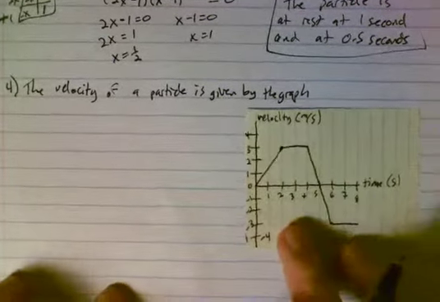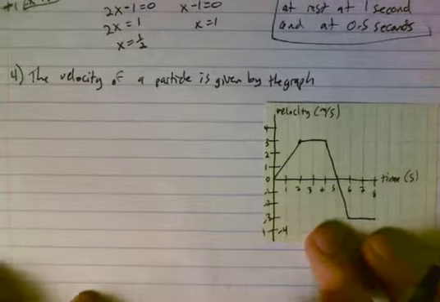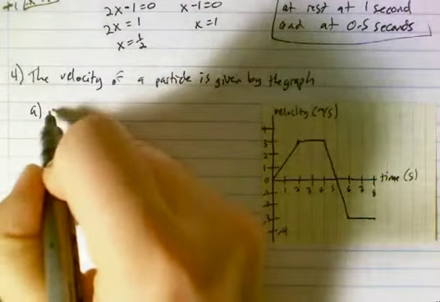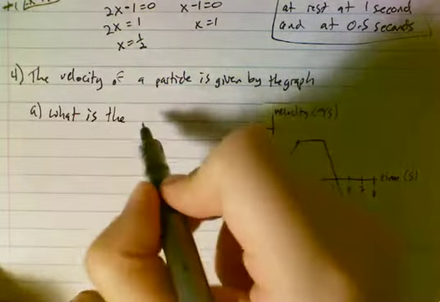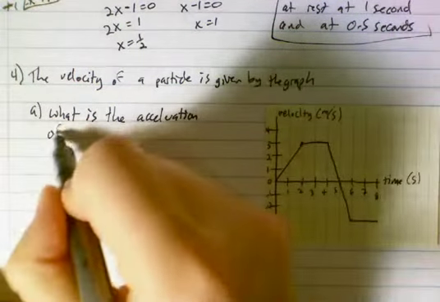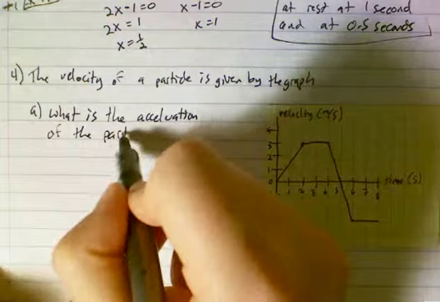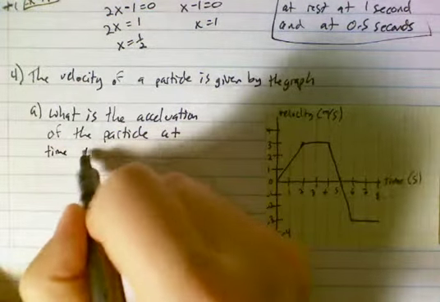And here's this right here. And our first problem is, what is the acceleration of the particle at time t equals 3?